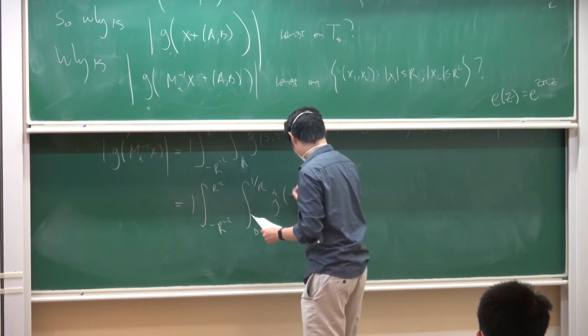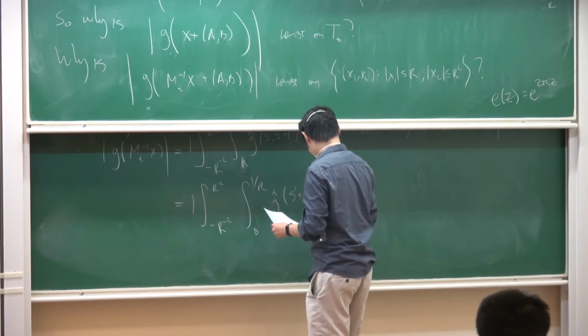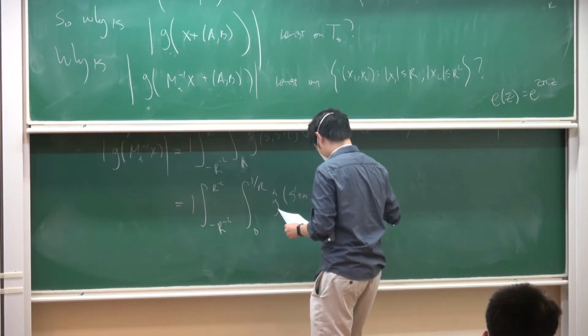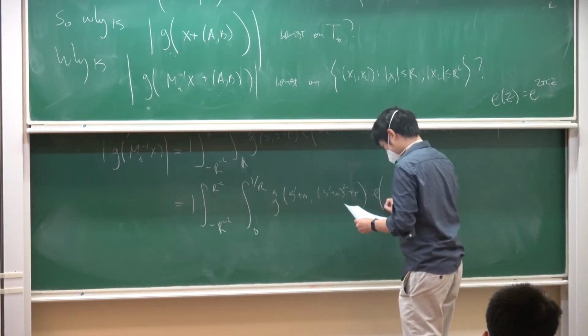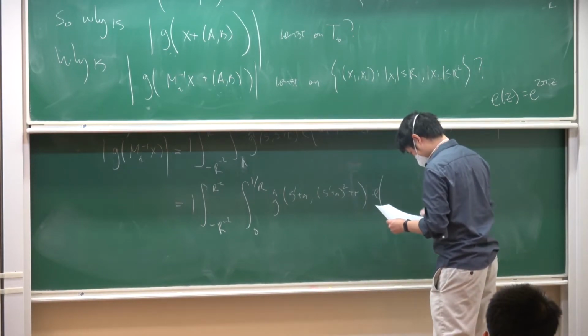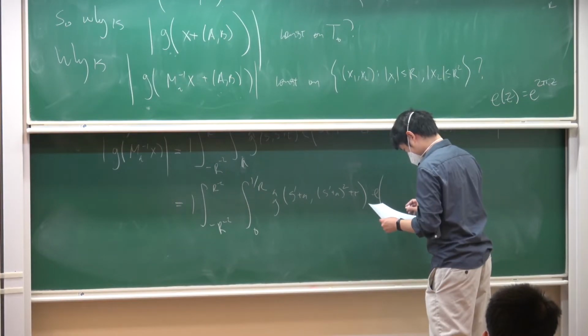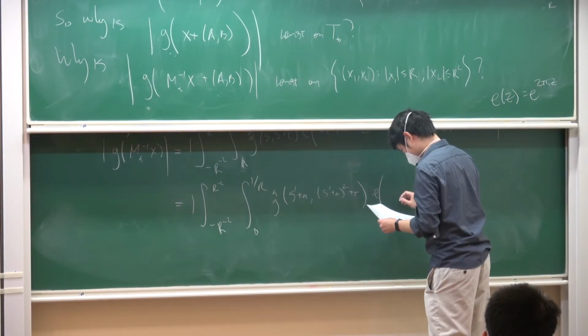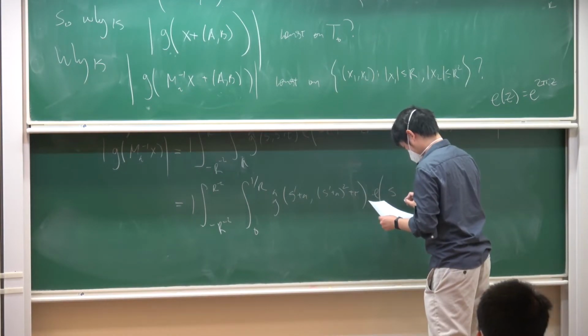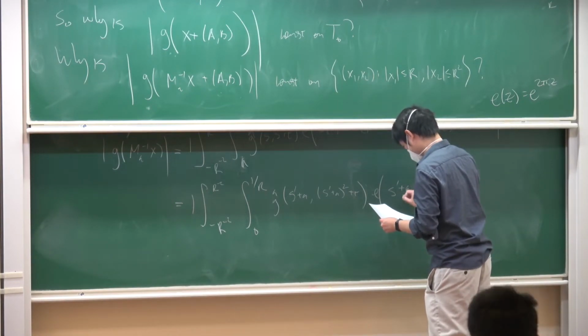Okay, you're going to get g hat of s prime plus a, s prime plus a squared plus t, e of, let's see, how do I want to organize this?